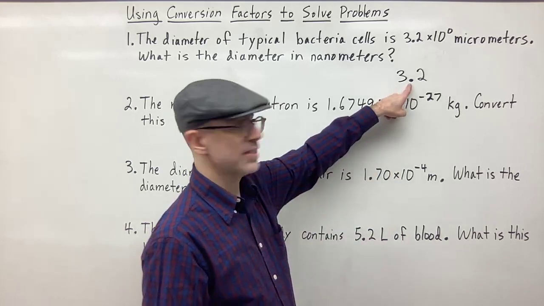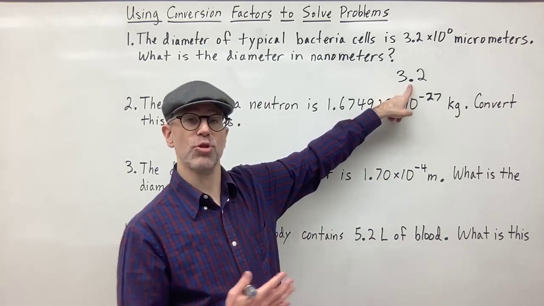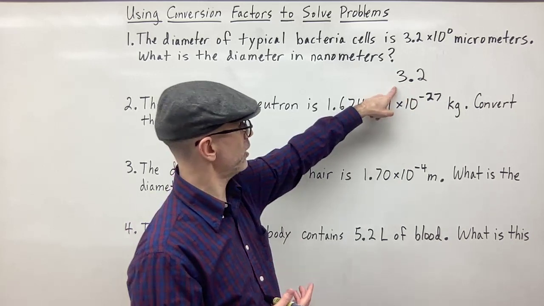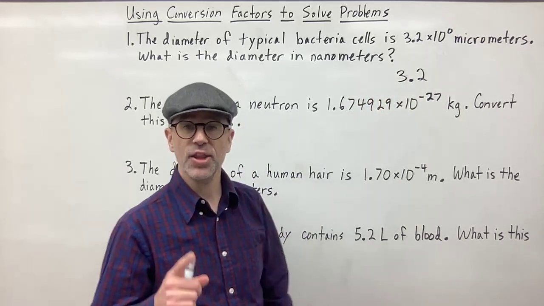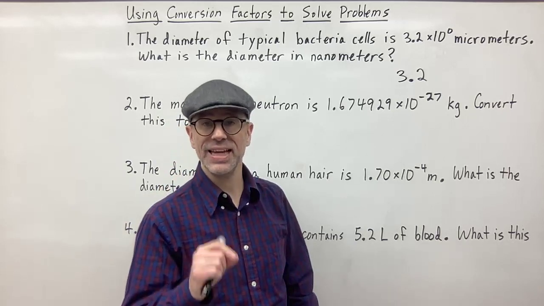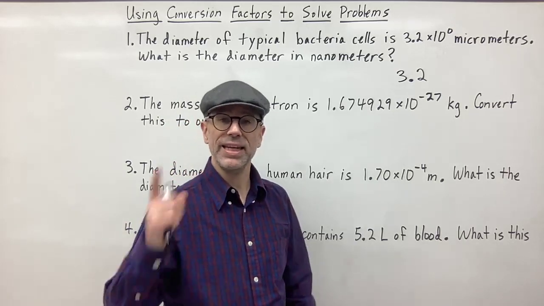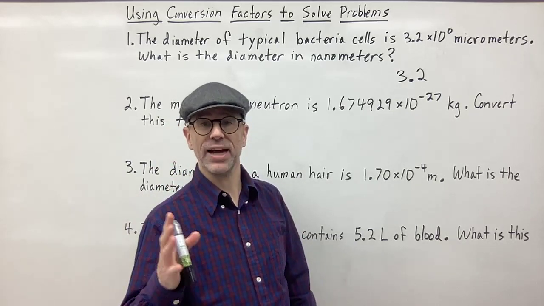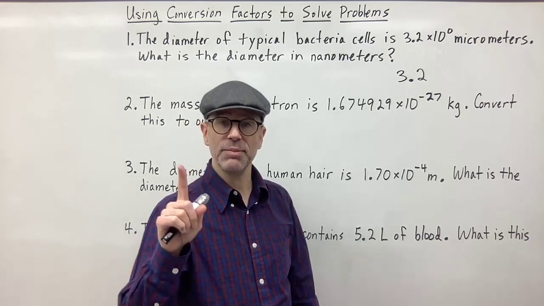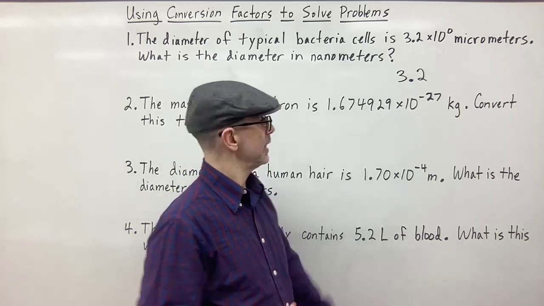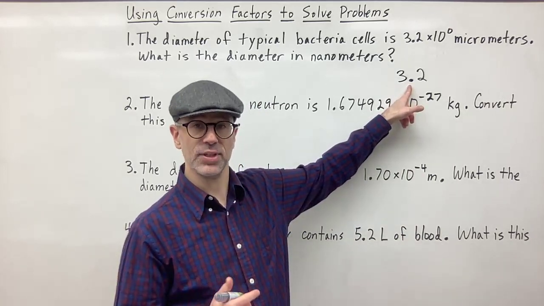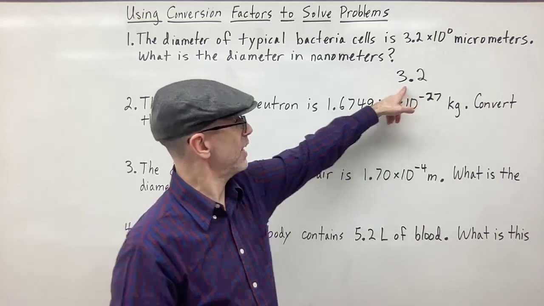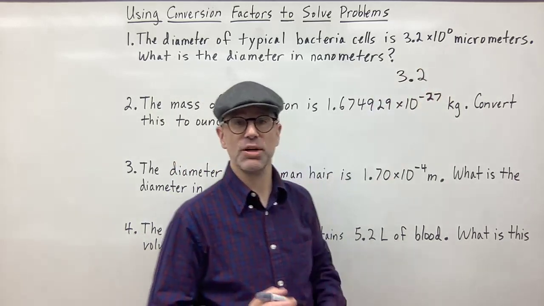But since the decimal point is already to the right of the first number here, you don't move it. The exponent on the 10 comes from the number of times you move the decimal point, so since you're not moving it at all, the power is going to be 0.